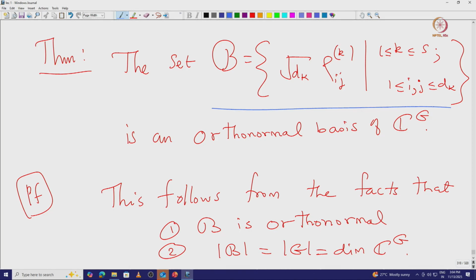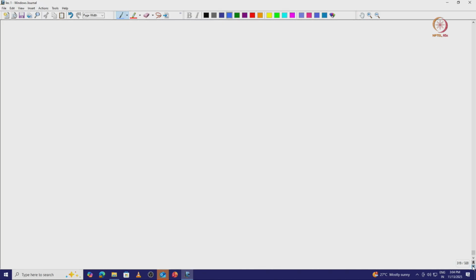But like I promised, let me first prove that the orthogonal complement of the span of these irreducible characters will be 0 inside the space of class functions. That actually requires a little bit of preparation.